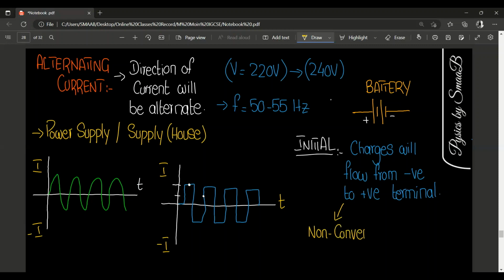Current means there is a flow of charge, but in the opposite direction, from negative to positive. Another word we can use is electron flow. In many questions from past papers, they sometimes ask you to draw the electron flow, so you need to draw the direction from negative to positive, right?